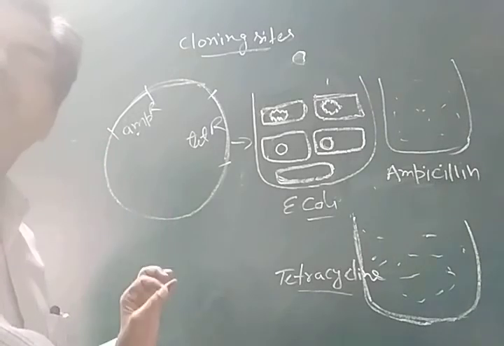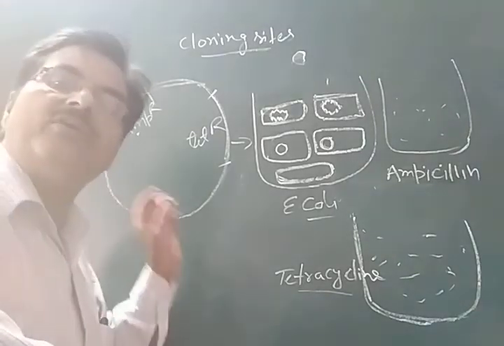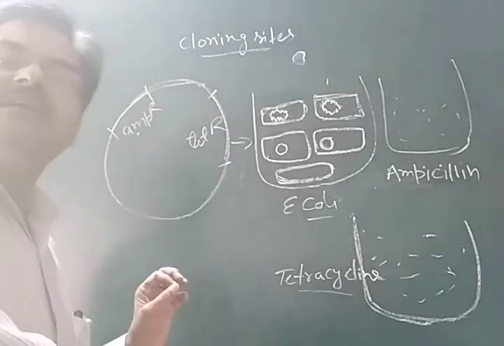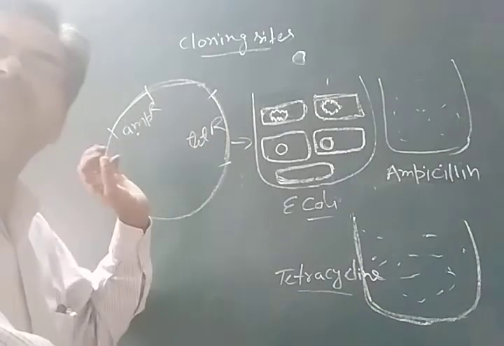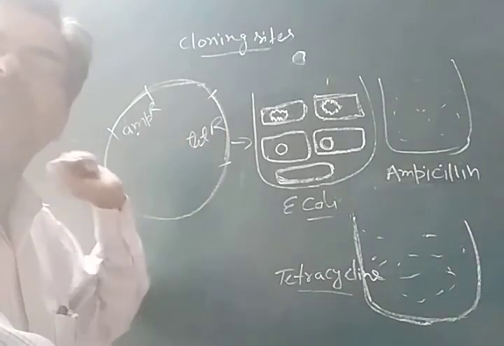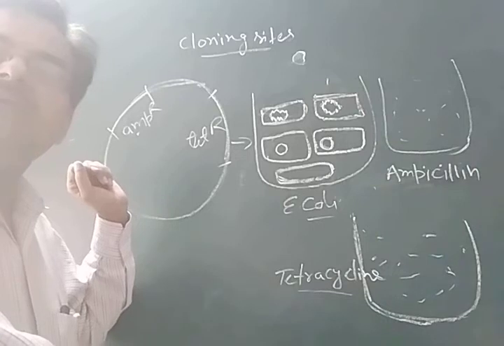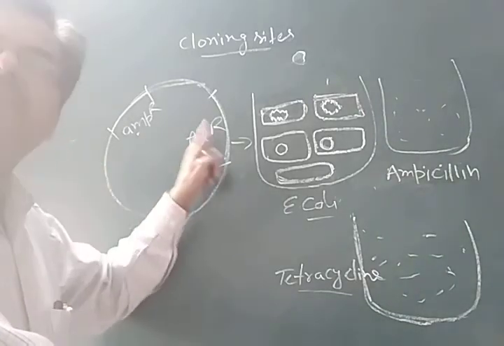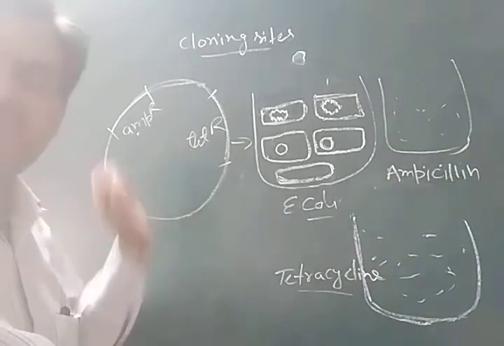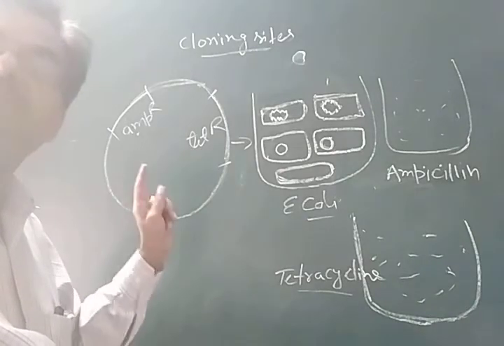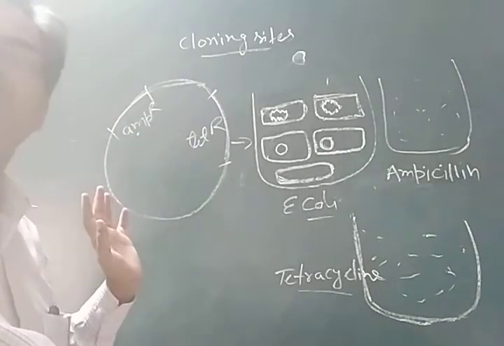If we ligate a foreign DNA or desired DNA in the tetracycline resistance gene by cutting with BamHI restriction enzyme, the tetracycline resistance gene will be inactivated due to the insertion of foreign DNA.